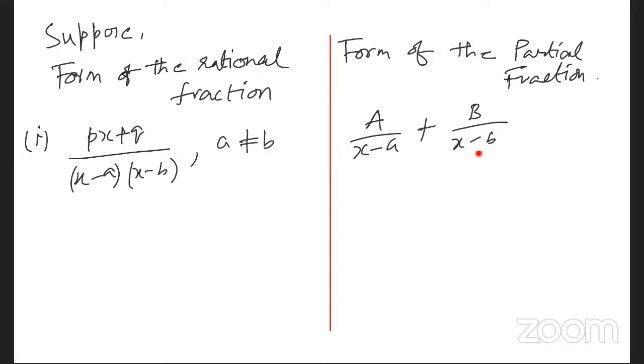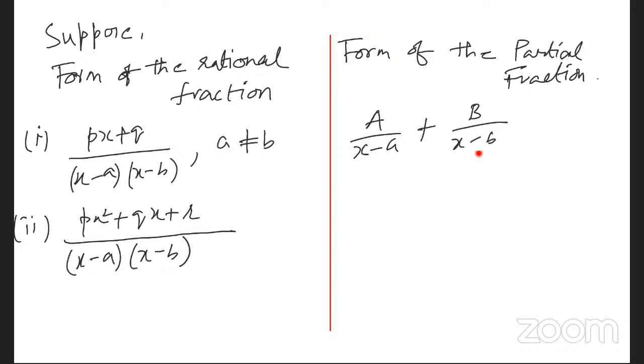If you look at the next one, we'll see one more. For example, px square plus qx plus r divided by x minus a into x minus b into x minus c. There are three non-repeated linear factors. Here we had only two; it can be two or more.